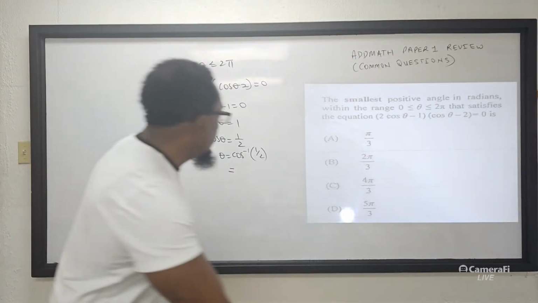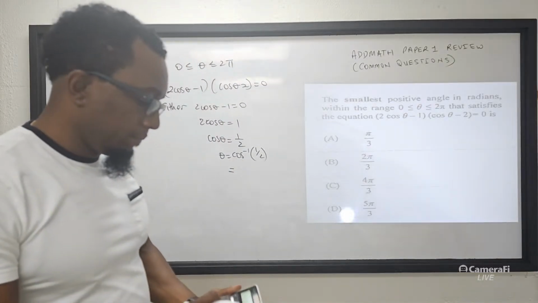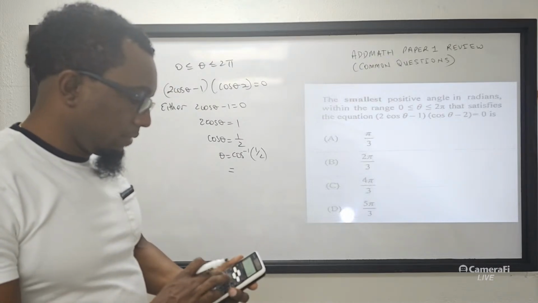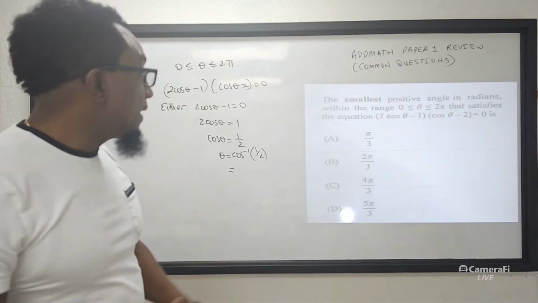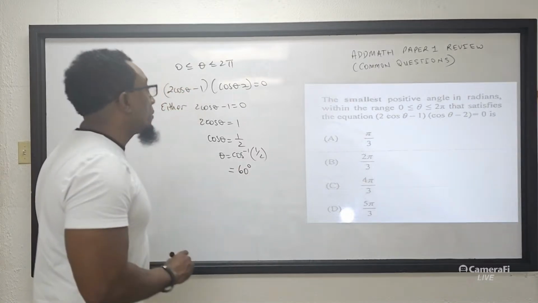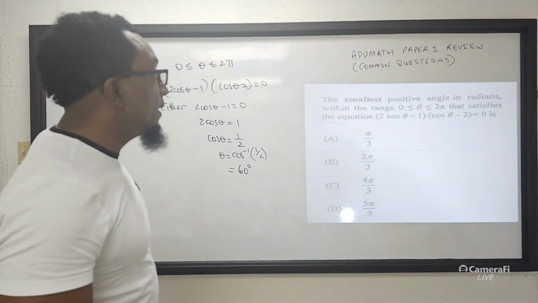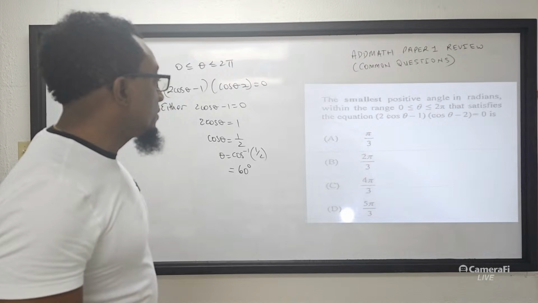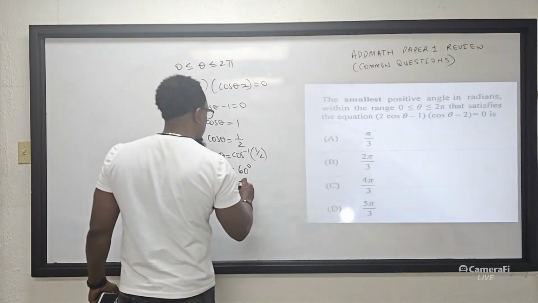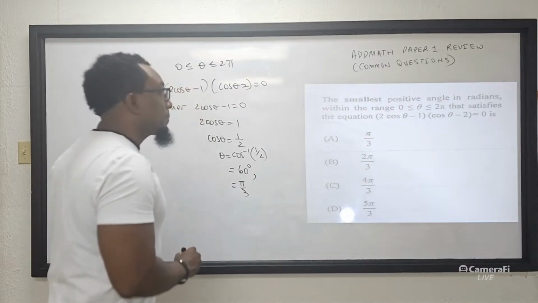And we know that cos inverse of a half is at 60 degrees. And 60 degrees, now the answer should be in radians, right? So you know 60 degrees is the same as pi over 3. And that's a principal value.